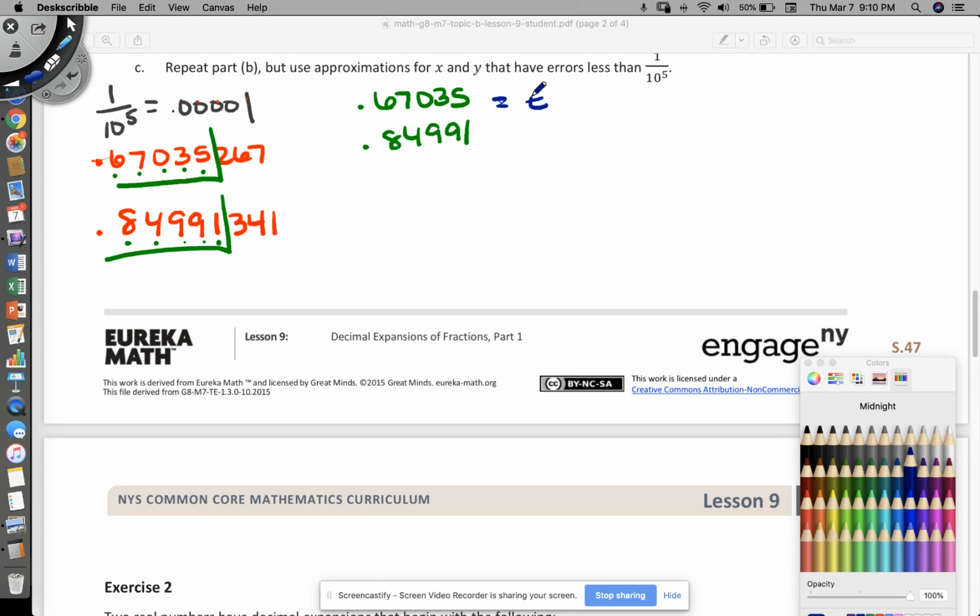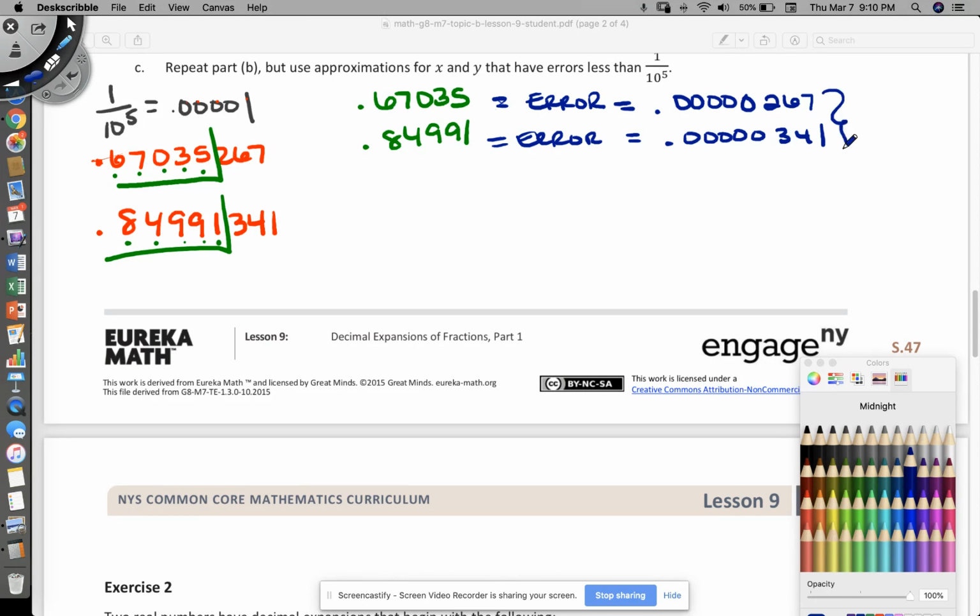So this one here, the error is what's left. So these all become zeros, and then you put what's left. So we're going to put 0.00000267. This one here, its error is 0.00000341.